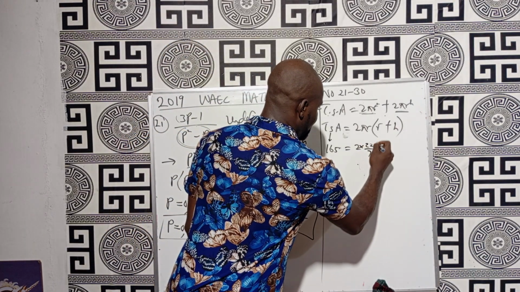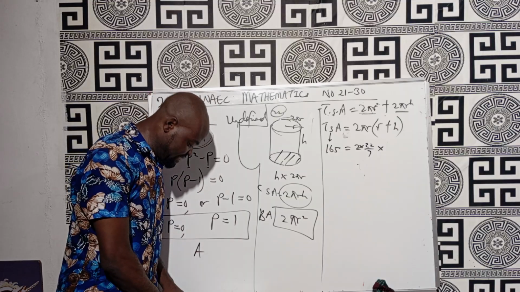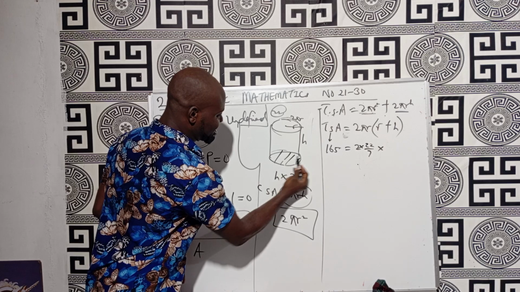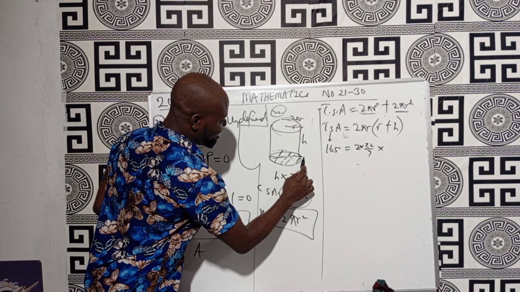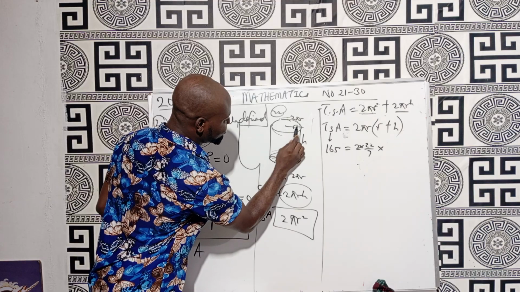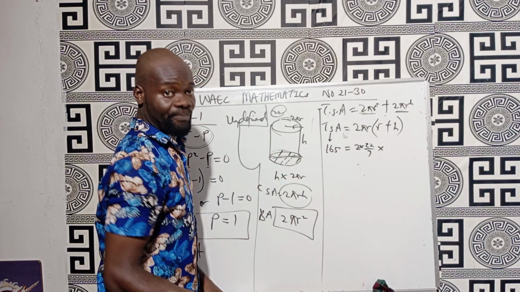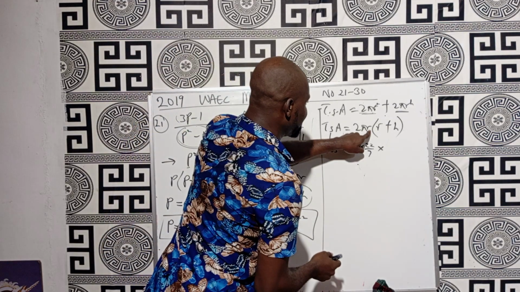Now we said the base diameter is 7. This is the base here. The diameter is from here to here, the whole length. If our diameter is 7, then our radius, from here to here, will be half of that 7, that's 7 over 2. So that's our radius.